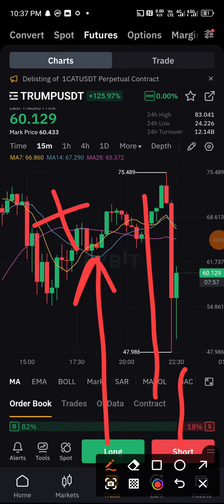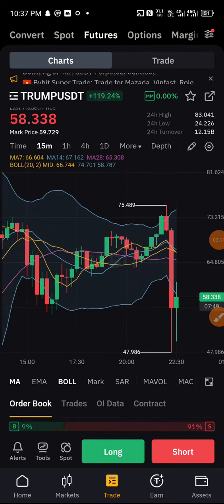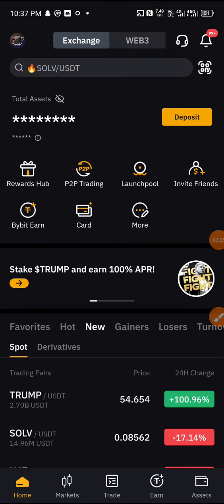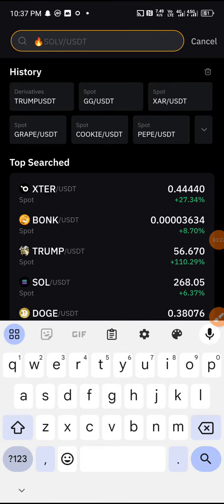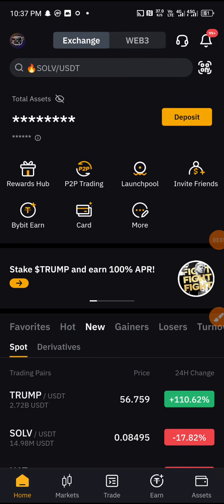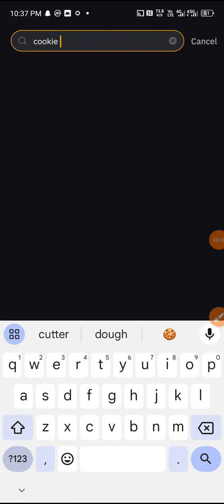If we get that, then let's dive in to test what exactly we're doing. If we are going to take a shot in this trade, or let's look for another coin, maybe I should look for Cookie.